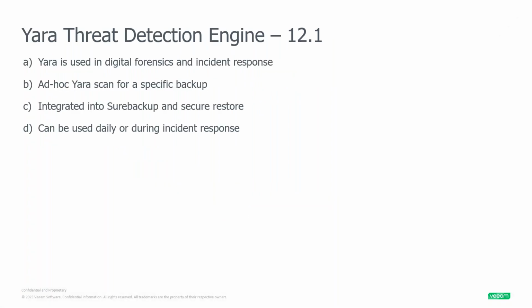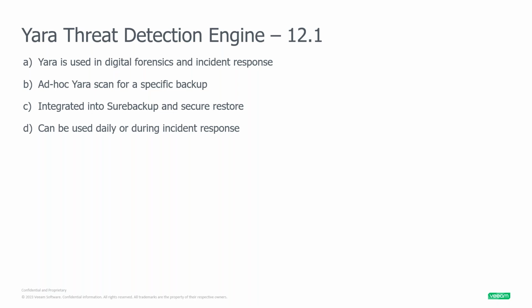And in 12.1, we also include the Yara threat detection engine, right? Yara is used in a lot of aspects of incident response and digital forensics to determine where your threat is in your infrastructure or in your environment. It is usually used by a lot of researchers at antivirus vendors themselves.